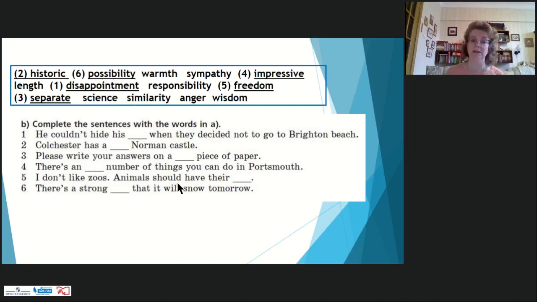Strong possibility. Но will snow tomorrow. Снег пойдет завтра, может быть, а может быть и не пойдет. Поэтому мы употребляем словечко will.